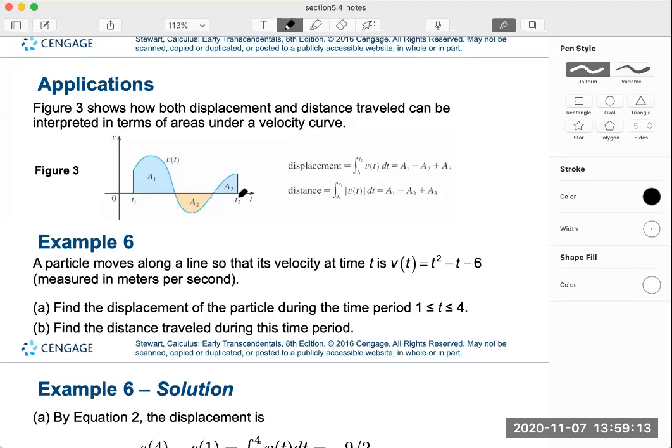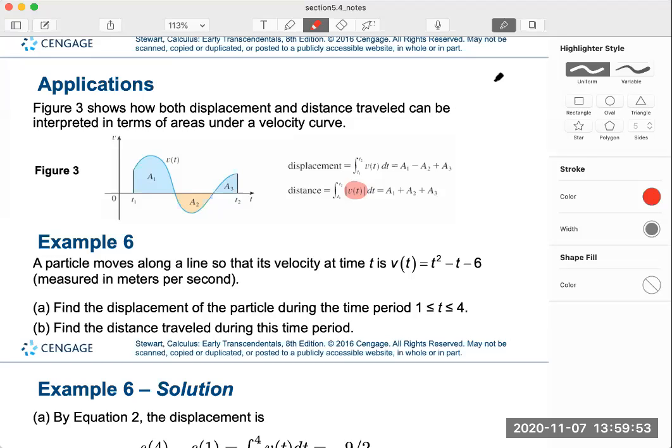So the displacement of the particle would be a1 minus a2 plus a3, and the total distance would be a1 plus a2 plus a3. Yeah, we consider all the positive values of these for the total distance. Absolute value of v here. Okay, I get it. Yeah, very good.